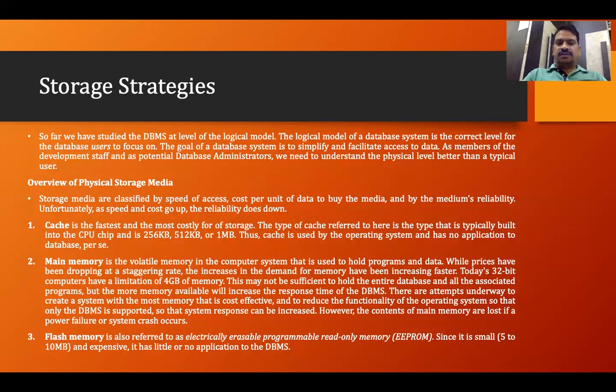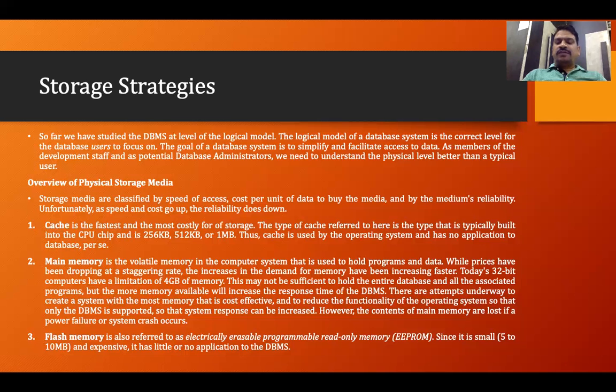It says that for that we should have some criteria like speed of access, meaning how quickly we can access the data. Second, what is the cost per unit of storage? Meaning if I want to store per unit of data, let's say 10 MB of data or 100 MB of data or 1 GB of data, how much cost do I have to pay?